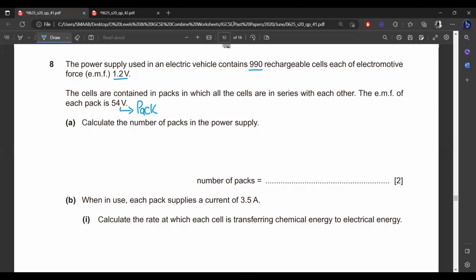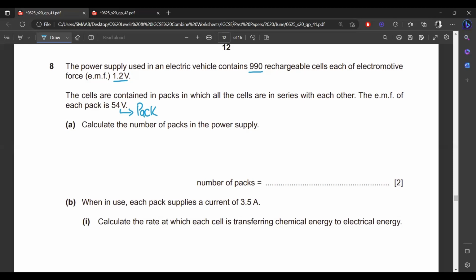Sir, could our answer be 22? Answer will be 22. Yes, your answer will be equal to 22, because we have a total of 990 rechargeable cells, right? Yes. And we need to make a pack equal to 54 volts, right?